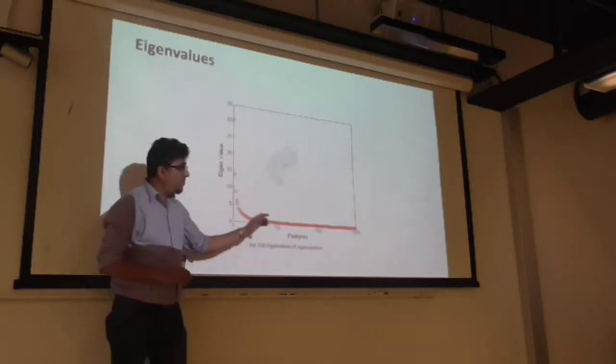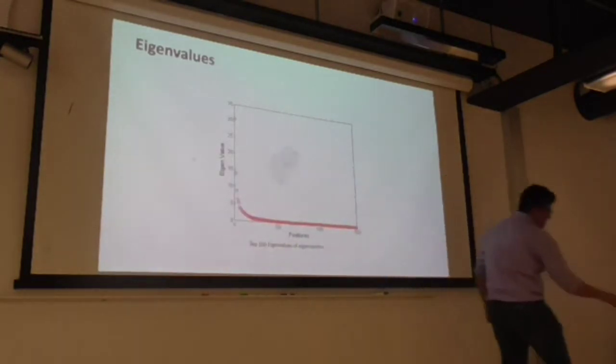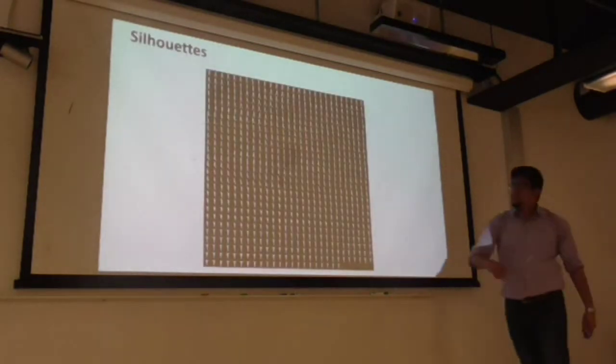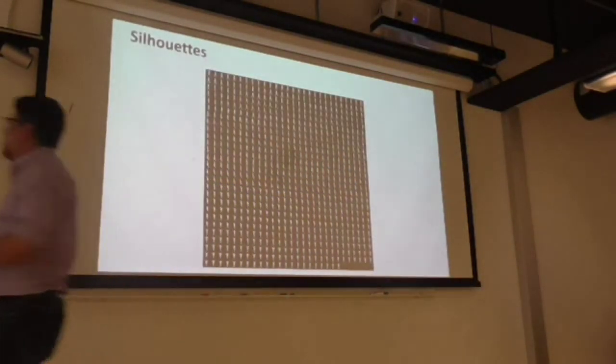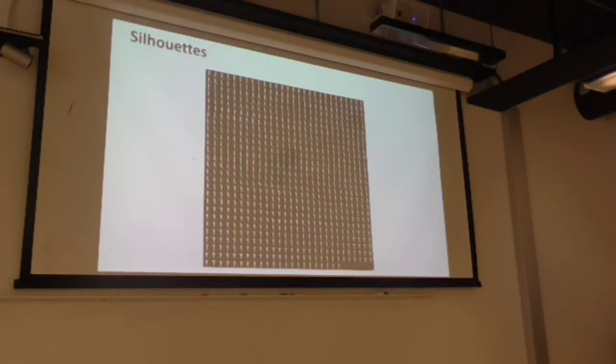That means if the original image is 50 by 50, and we consider 40 bases, then that will be 40 by 2500, that is 40 basis images in the principal components.